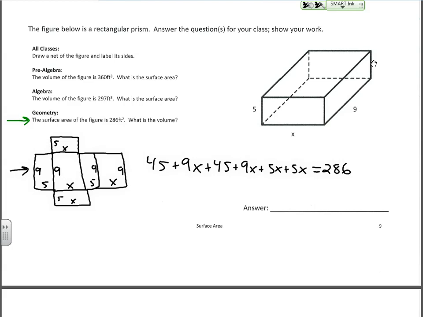So you could either guess and check, plug in values for x so you get 286, or I would combine like terms and solve for x. And then you can use that value for x once you find it to get the volume of the figure. Oh boy, this is my third packet video I've recorded today, so please bear with me. The volume is base times width times height.